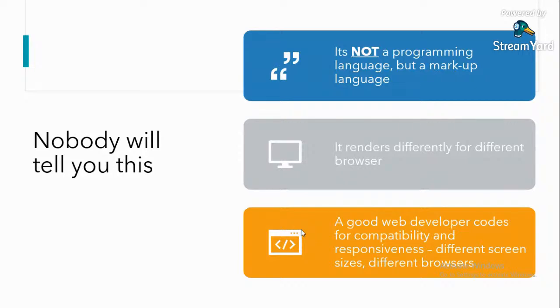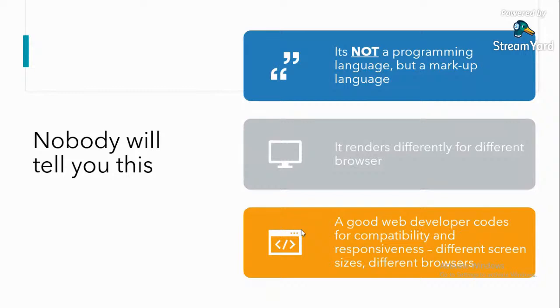Okay, because the browser in itself is a machine, it's an OS. Like you have heard about Chrome OS. So the browser in itself is an OS, and this code is interpreted by that operating system, the browser operating system. So it is a possibility that the Chrome browser understands some part and the Edge does not understand, because they both have different functionalities.